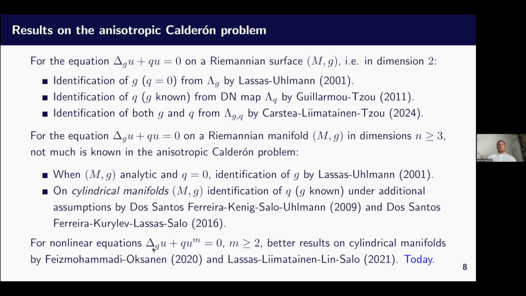This equation is nonlinear because the power m is at least 2. In this case, there are better results for the detection of q from the corresponding DN map. This was done by Feizmohammadi and Oksanen, and at the same time by Lassas, Liimatainen, Lin, and Salo. I will discuss this problem later today because we can solve that by using the Stone-Weierstrass theorem. But let's go to that in the end.